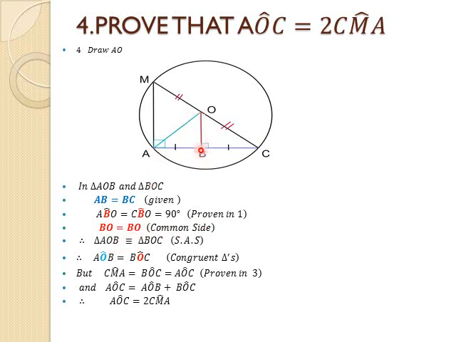Therefore triangle AOB is congruent to triangle POC, side angle side. So there I can now state that AOB, this angle here, must equal POC, the angle on the other side. My reason, congruent triangles. But we should remember CMA equals POC, corresponding angles, right? And that then automatically means it equals the AOC.